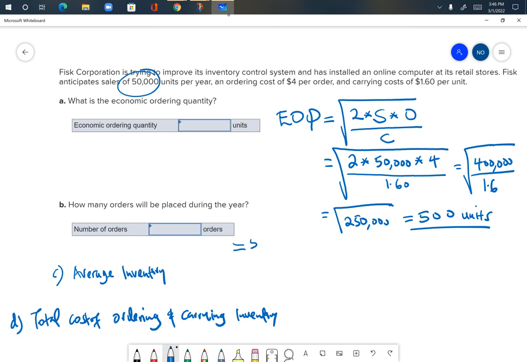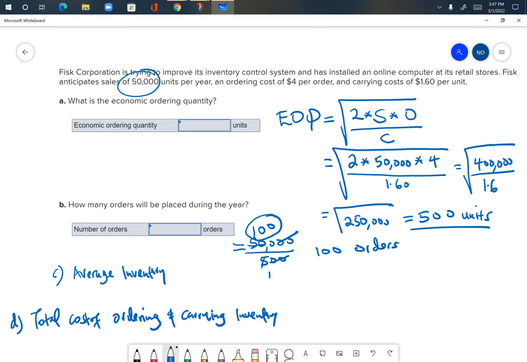You take 50,000 and divide this by 500, because every single time you'll be ordering 500. It means you'll have placed a total of 100 orders over the entire year, but every single time you order, you'll order 500 units. Make sense? Part A helps you to move to part B.